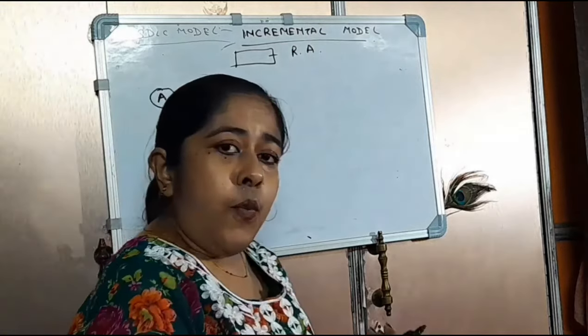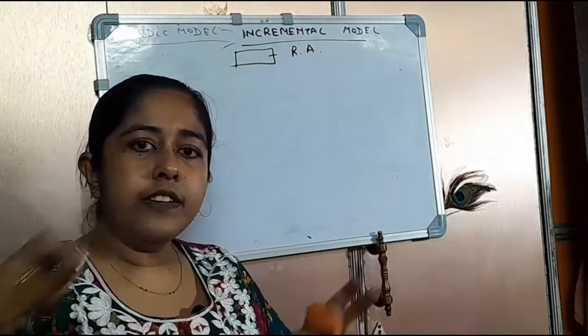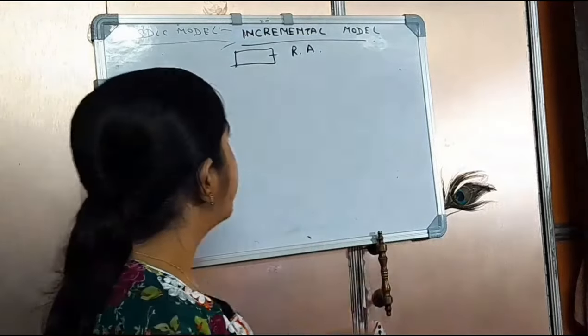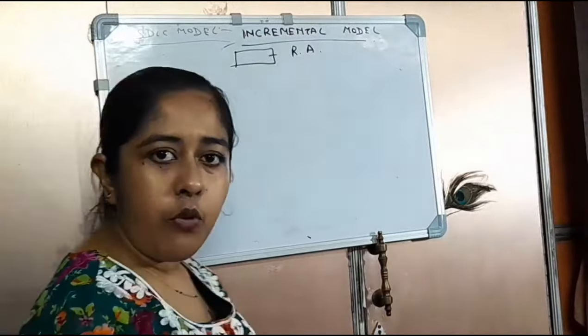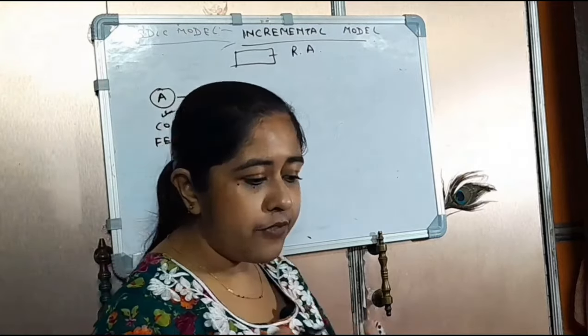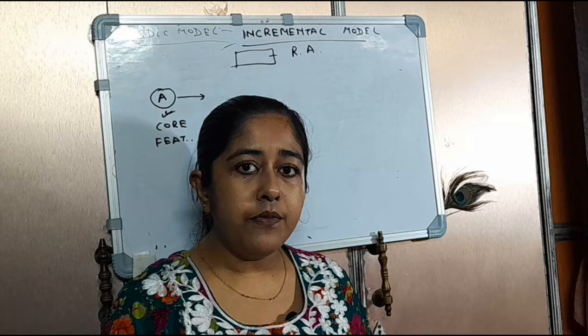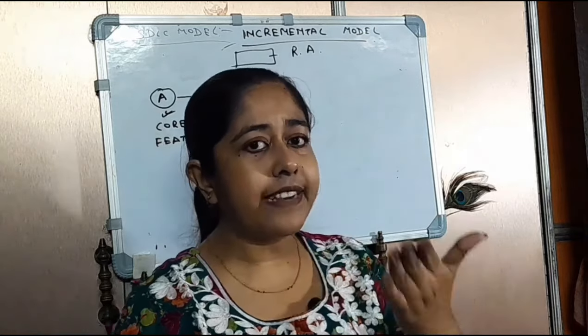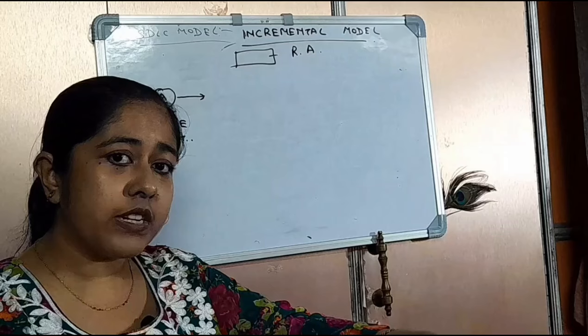Incremental means increment, going on increasing. Now what we will do is take this particular module and get some feedback from the customer. After developing this, we will give the version to the customer.